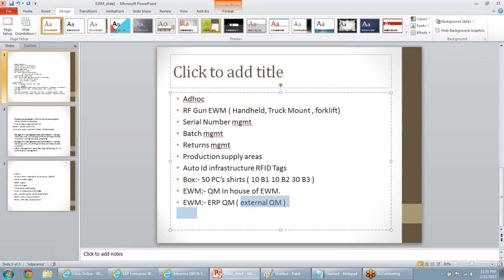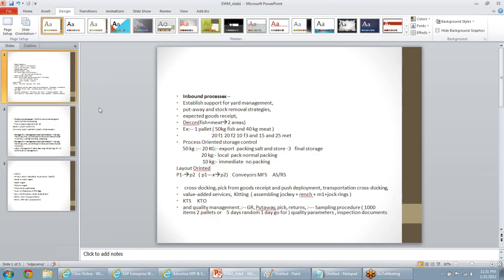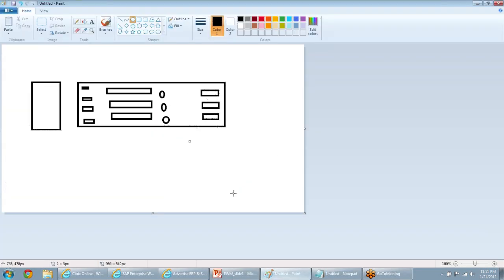So what we'll be covering in this course is how to create a warehouse, how to configure the doors, how to configure the work centers, so that the goods flow automatically: goods coming in, scrapping, and goods issue.